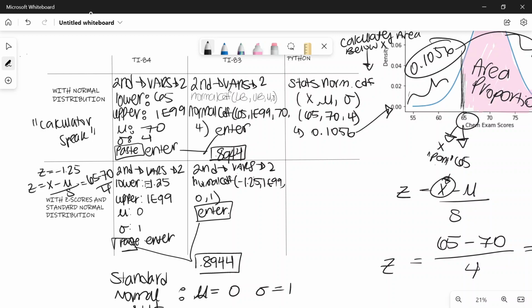So in order to get the area above x, you would have to do 1 minus 0.1056, which was equal to 0.8944.